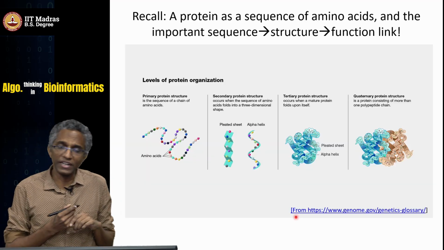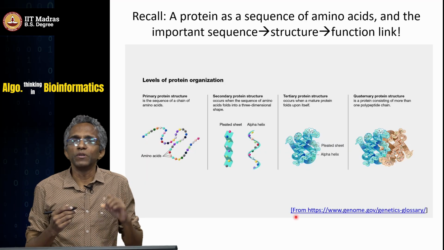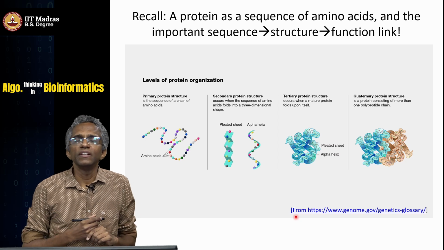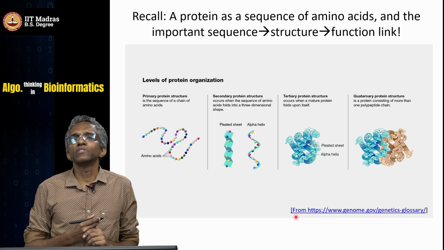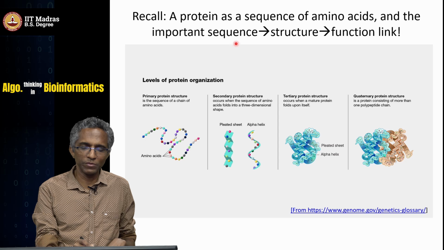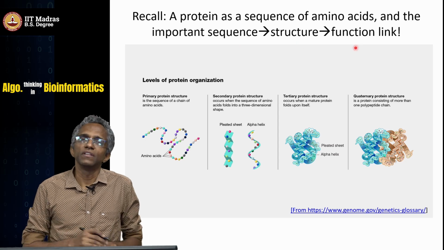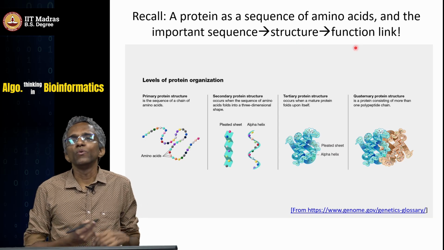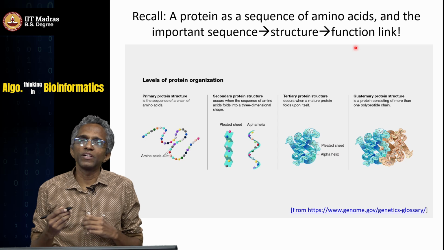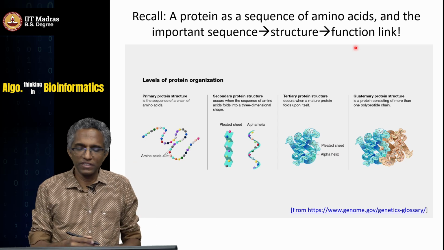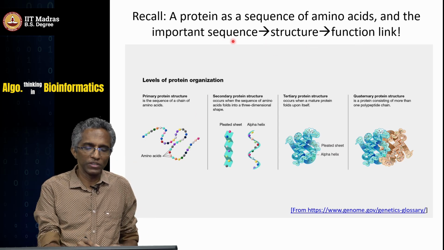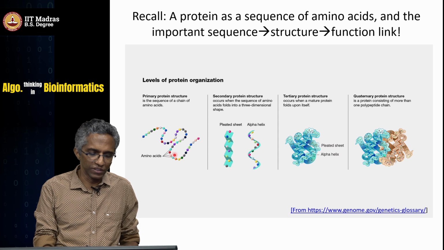As I have said before, proteins are very important players, and it is important to understand the sequence of amino acids mainly because of the relation between sequence, structure and function. This was true in DNA as well: knowing the sequence of DNA told something about what the function of the DNA is. In proteins, it is even more important to know the sequence of amino acids, which is shown here as little beads.